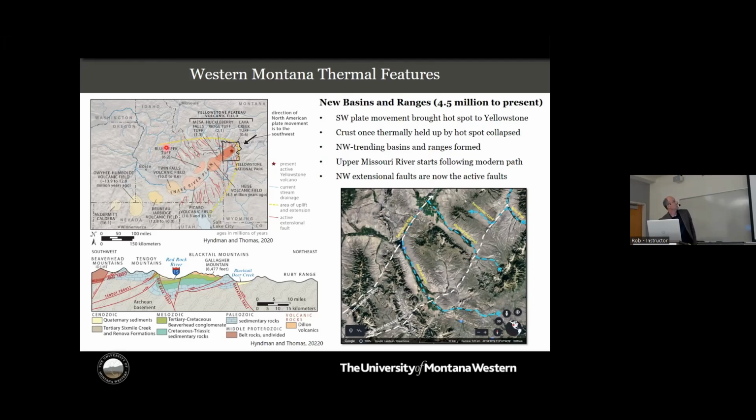And what you see are a bunch of northwest trending faults shown as red lines here that are the collapse features as the hot spot relatively moved to the northeast, meaning the plate moved to the southwest over it. Y'all with me? So as the plate passes over the candle, the area behind where it passed falls apart. It extends and falls down. That's when the mountains formed.